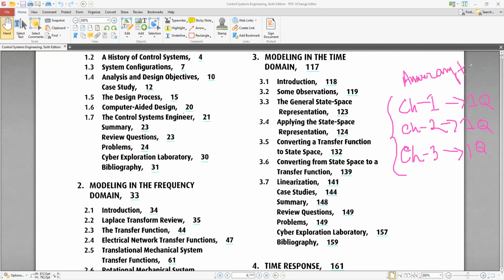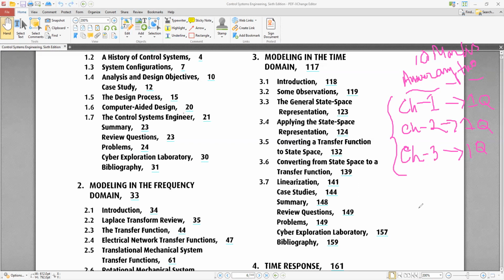You need to answer, okay, so it would be your 10 marks. So here you can do one thing: you can skip any one chapter. If you think that one is difficult for you, then you can skip any one chapter and focus on the other 2.